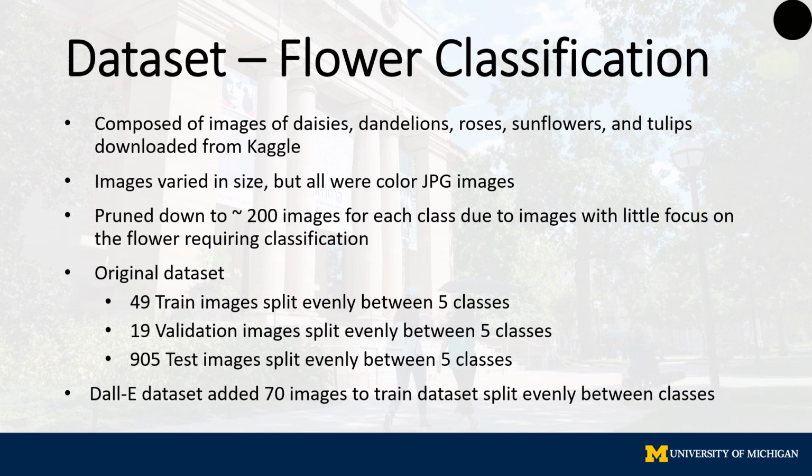After creating more training images via DALL-E, this added 70 images to the training data set, and those were all split evenly between the classes. And DALL-E generation of images will be covered in a future slide.